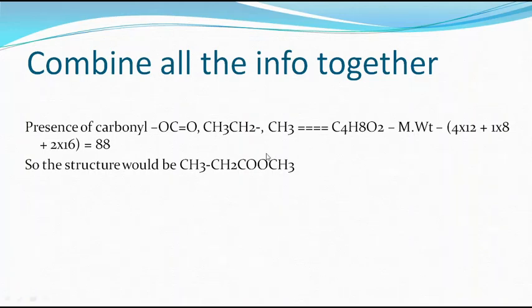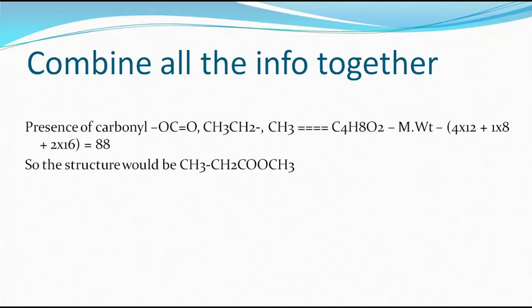In mass spectra, the M minus 31 peak is due to loss of this OCH3 group, right? And that is a prominent peak, and the other peak is due to loss of the carbonyl, the whole COOCH3 set, and this 29 is due to the CH3 CH2 group.